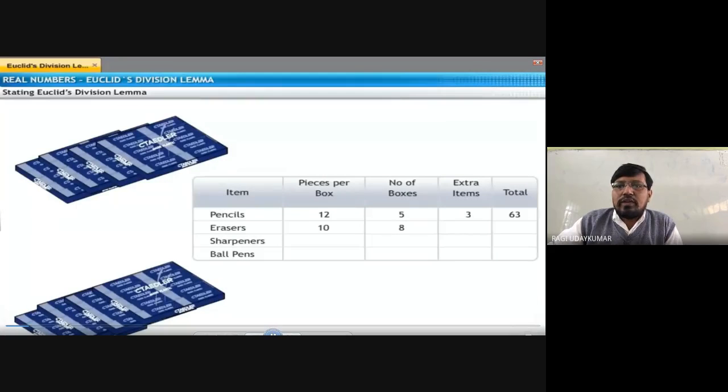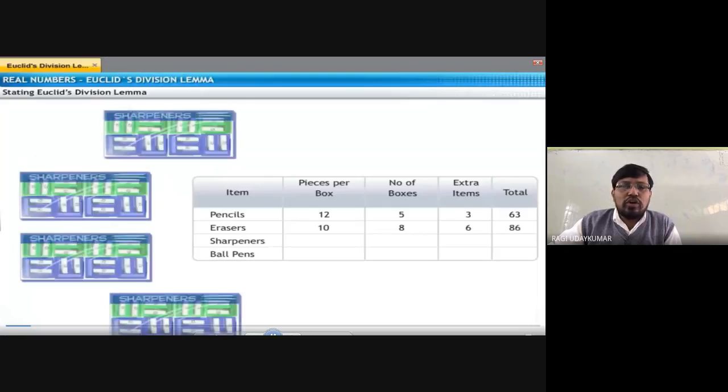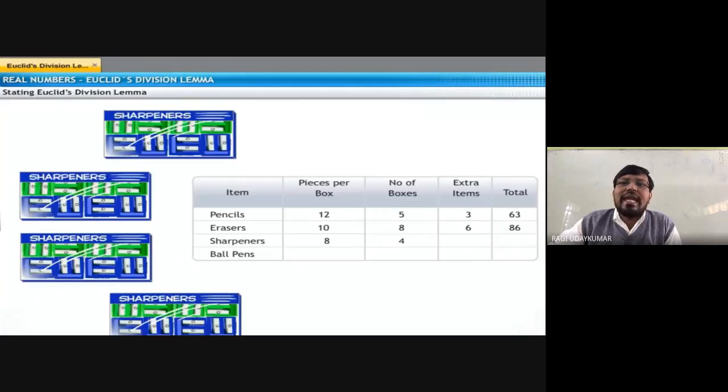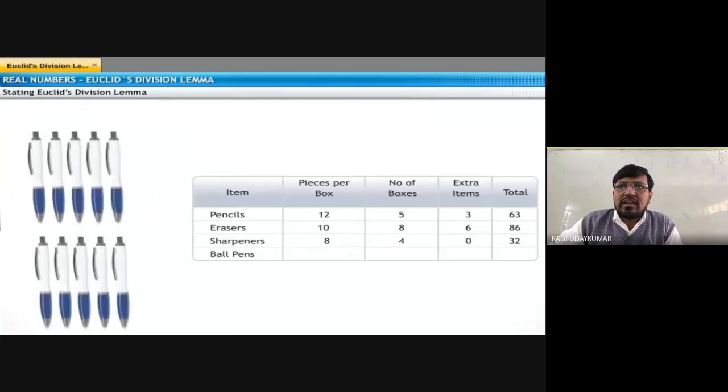Erasers: 10 pieces in a box, 8 boxes, 6 extra items, so the total is 10 into 8, 80 plus 6, 86. Sharpeners: 8 pieces in one box, 4 boxes, and no extra sharpeners, so 8 into 4 is 32 plus 0, 32.